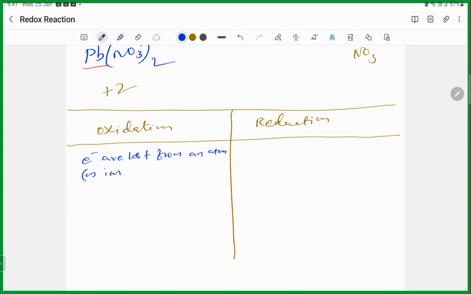So what is reduction? It is a process in which an atom or ion gains one or more electrons.